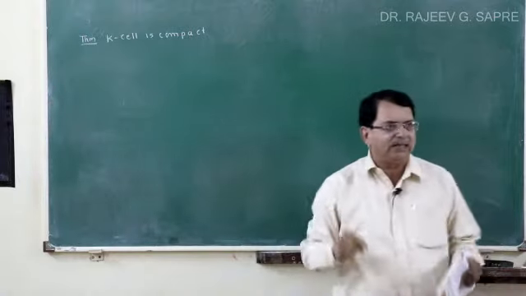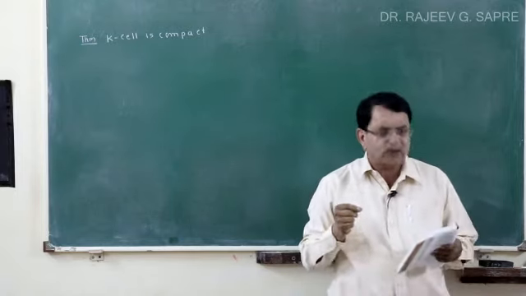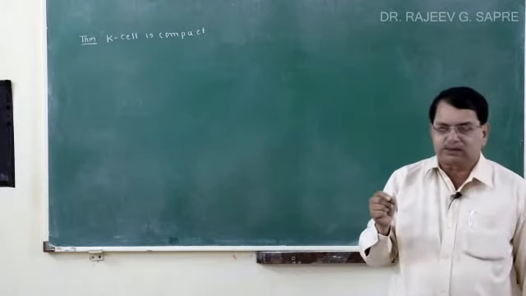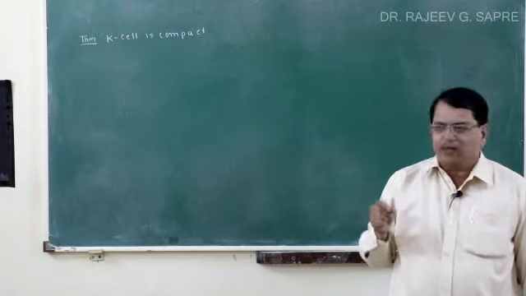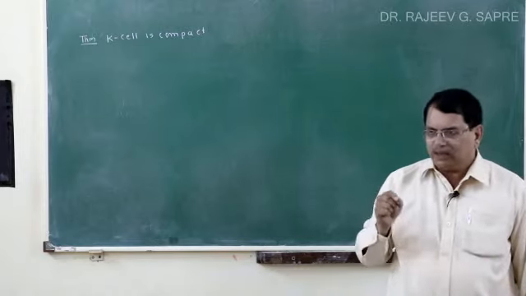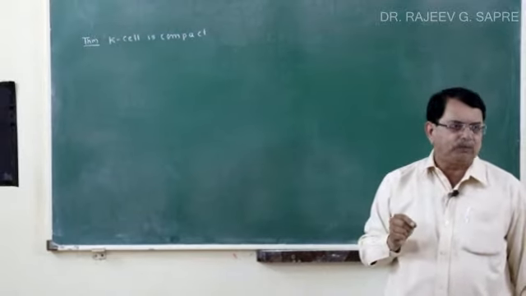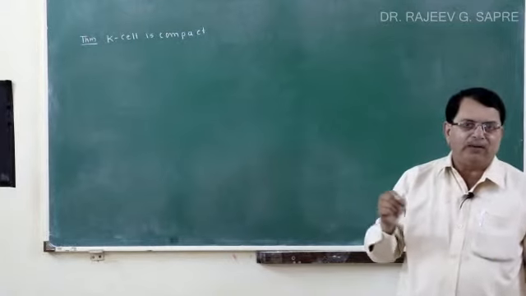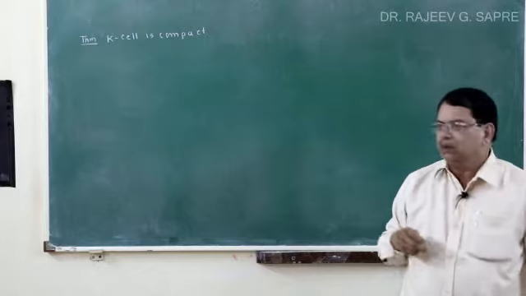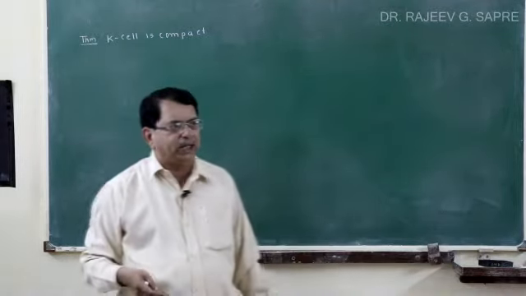Suppose I take I as a k-cell. I is the name of that k-cell. Then it is a subset of Rk. So it will consist of k-tuples (x1, ..., xk), where x1 will be such that a1 is less than or equal to x1 less than or equal to b1, x2 will be such that a2 is less than or equal to x2 less than or equal to b2, and so on, ak less than or equal to xk less than or equal to bk.